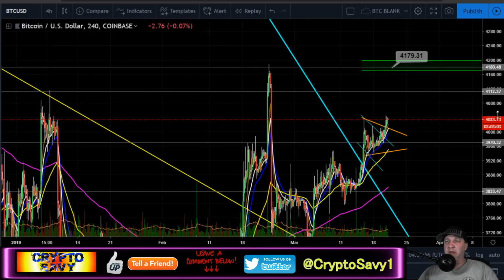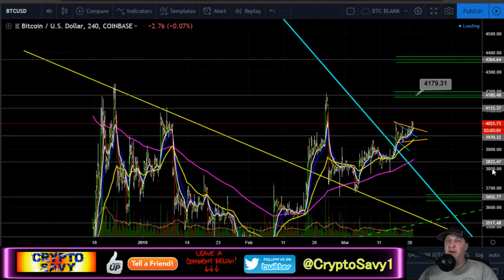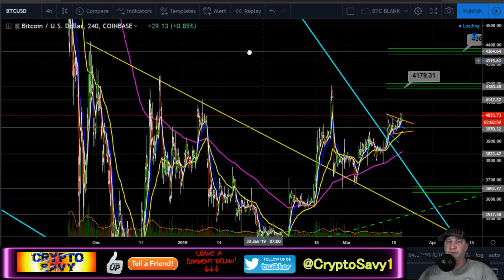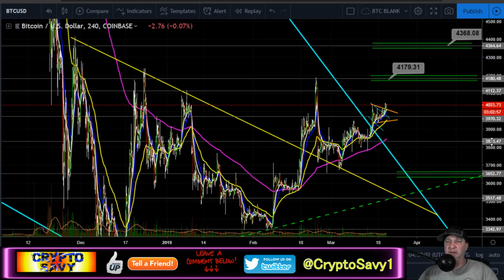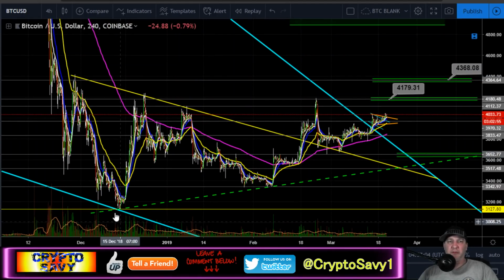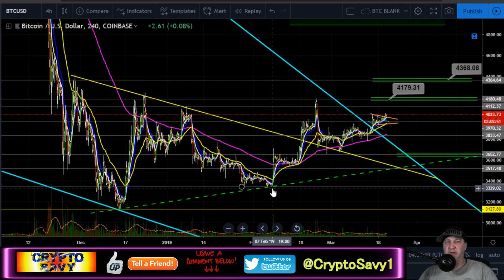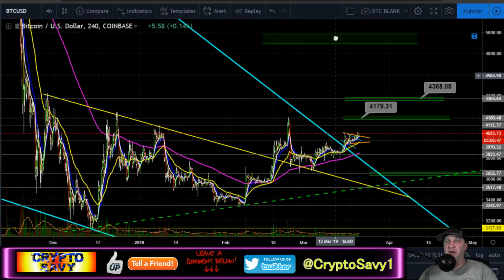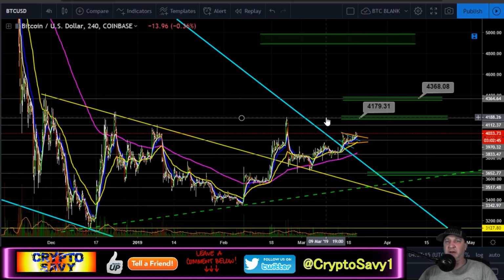And like I showed you in Bitcoin, the Elliott wave count, I believe the same in this. This would be wave 1, wave 2 corrected to the 0.786, which is a deep correction. And then wave 3 would get us up to these targets up in here. And that's if we can break this 4180 range, guys.